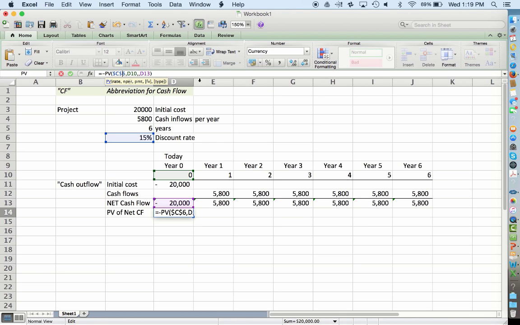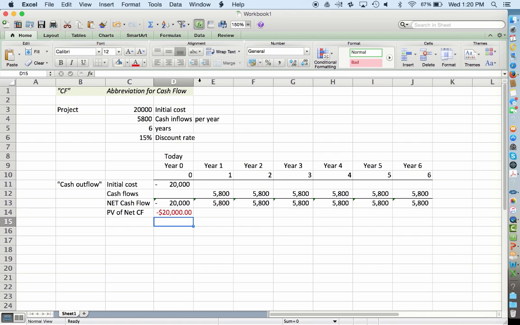Okay, so I like to do the year 0 value because I know if my function is correct, because the present value of something in today's dollars is the value itself. It's not discounted. So I know that I should be getting the same $20,000 value.